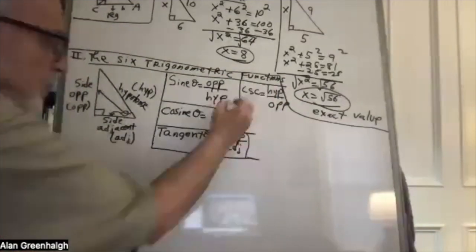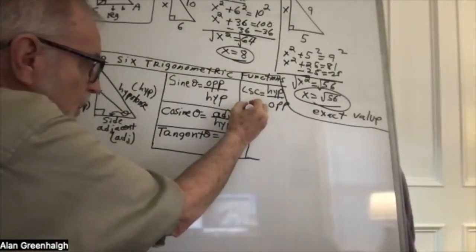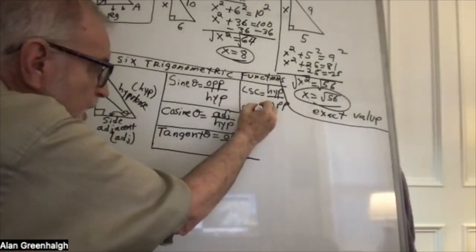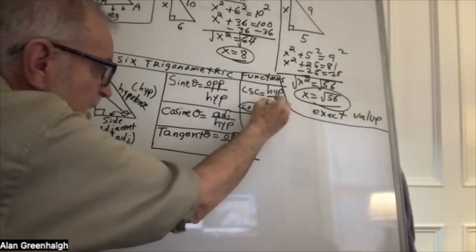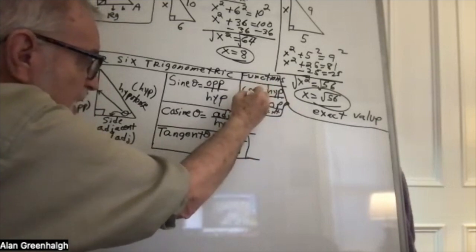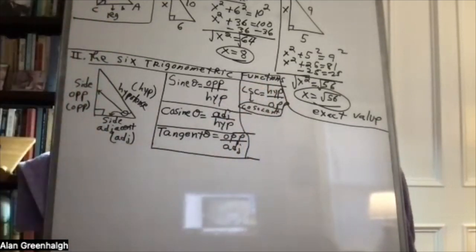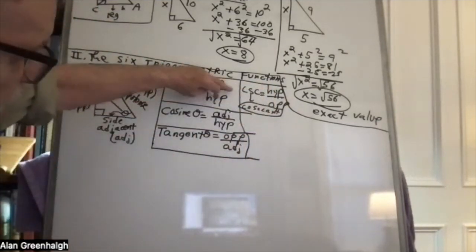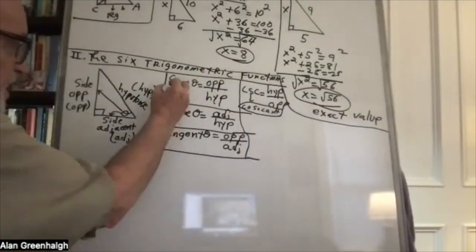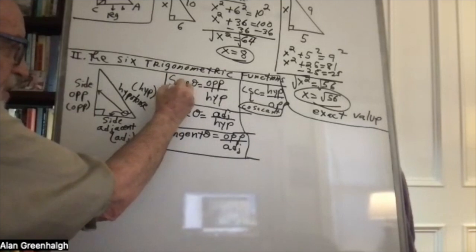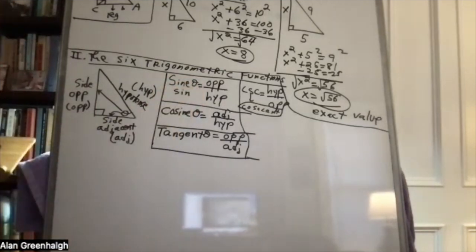Let me write that so you'll know what I'm talking about. Cosecant. Secant. That's what it's called. This abbreviation is for that, but we're not going to write it out. We're just going to use abbreviations. As a matter of fact, sine is not really S-I-N-E. From now on, it's S-I-N.